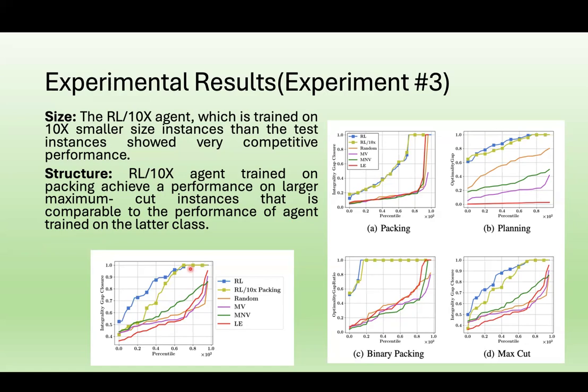So the RL agent shown by the green curve was trained on a different problem as well as on 10 times smaller IP instances. But still, it was able to show very comparable performance to the RL agent which was trained on the same problem and 10 times larger IP instances.